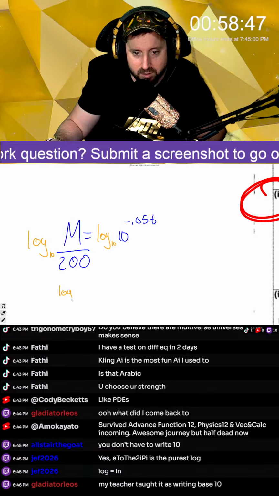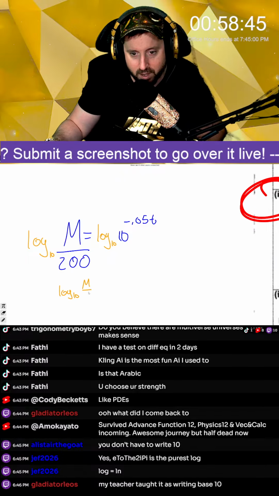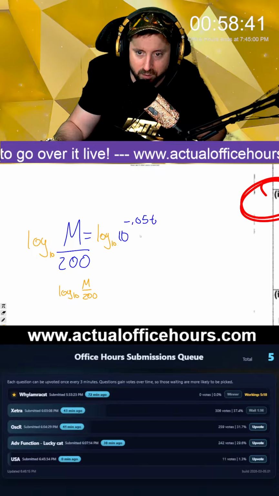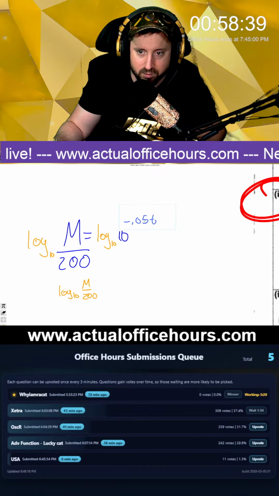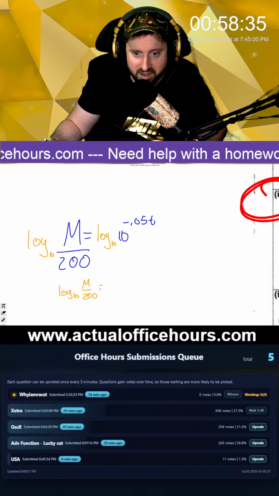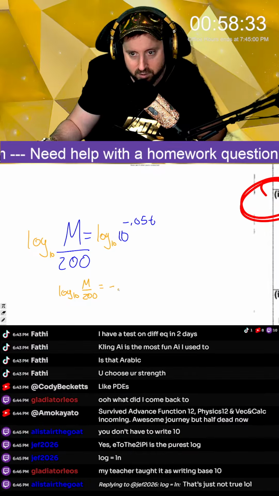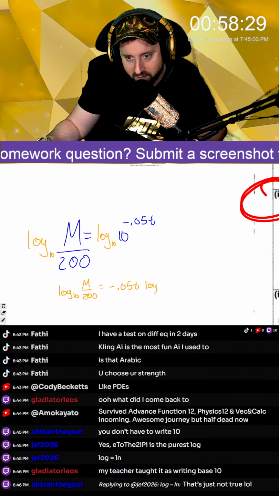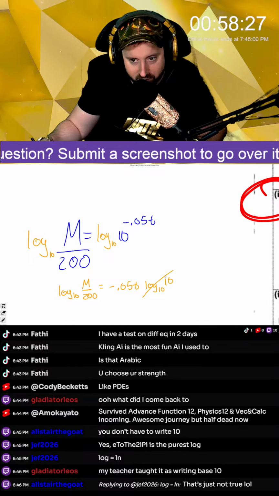So when you do that, you get log base 10 of m over 200. And then here, because this is in the exponent, the log of something to an exponent, the exponent is going to come down out front. So what you end up getting is minus 0.05 t, and then it's log base 10 of 10. And the cool thing is log base 10 of 10 is just 1.